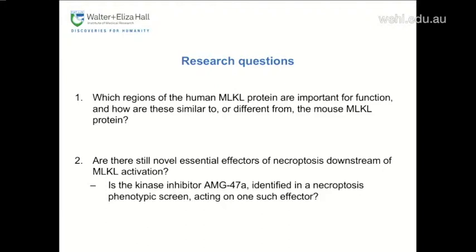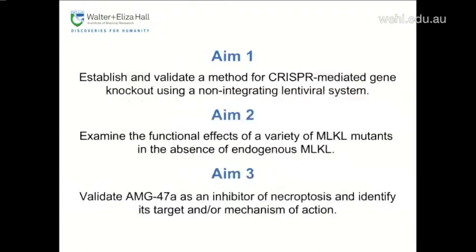And this kinase inhibitor came up in a screen from the Institute. So I was specifically investigating this kinase inhibitor to see if we could identify a necroptosis effector through researching this drug.